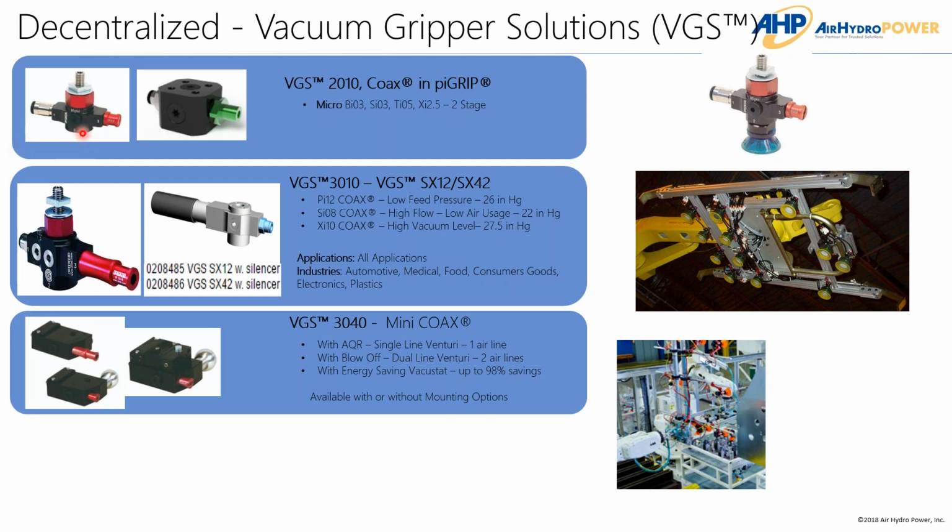They just want the functionality of the VGS because, as you'll see through these slides, there are so many variations and options, whether it's blow off or different levels of energy savings. Lots of very flexible solutions here with the VGS series.